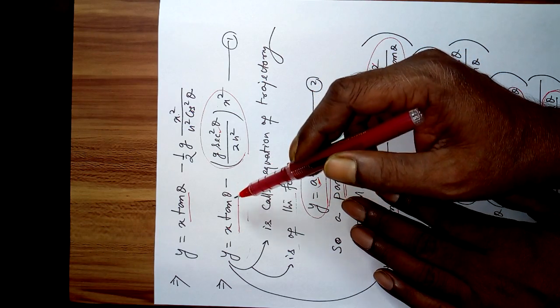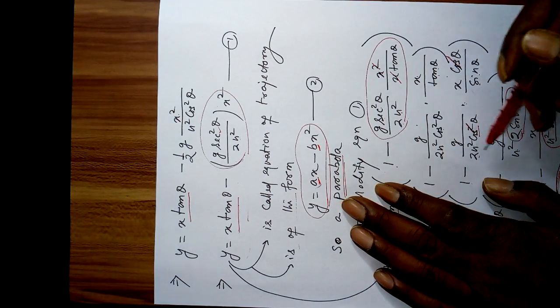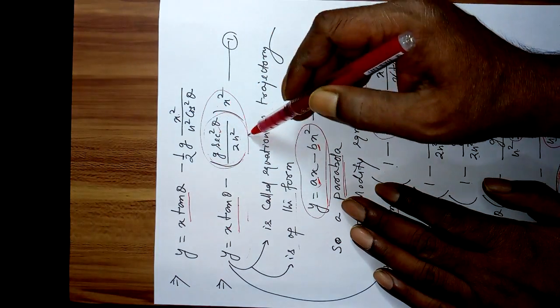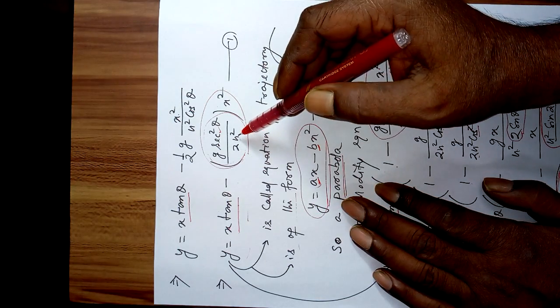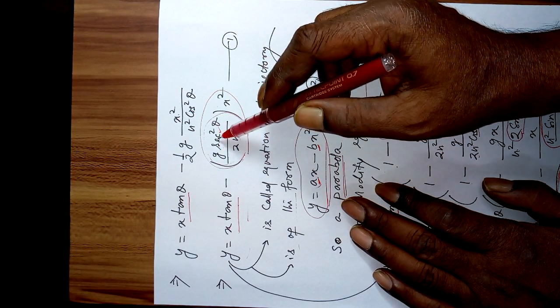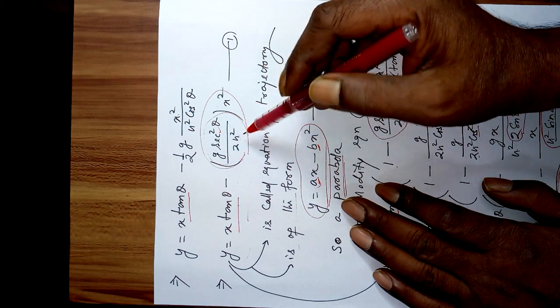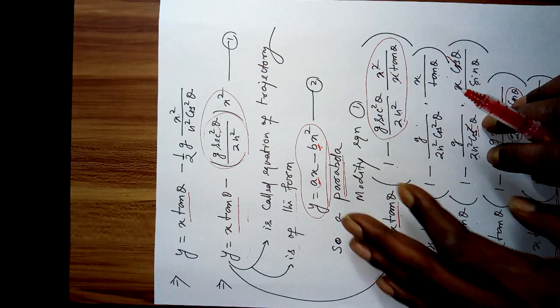Whenever you are throwing, there is a given angle, so theta is constant, so tan theta is also constant. This part is also a constant. Look, you are throwing with a given velocity u and theta is constant, so g constant, secant theta is constant, square of that is constant, u square constant, so this whole thing is a constant. I represent it as B, so B is a constant.